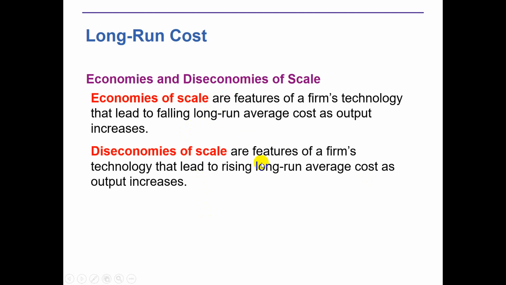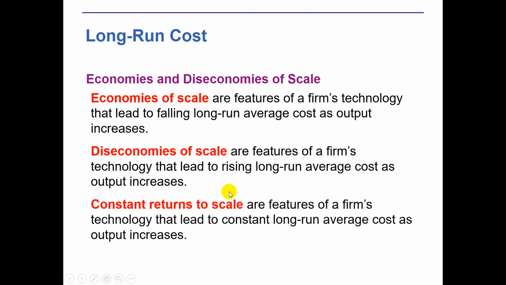Diseconomies of scale are a feature of a firm's technology that leads to rising long run average costs as output increases. And constant returns to scale are features from technology that lead to constant long run average cost as output increases. So we have three states here.